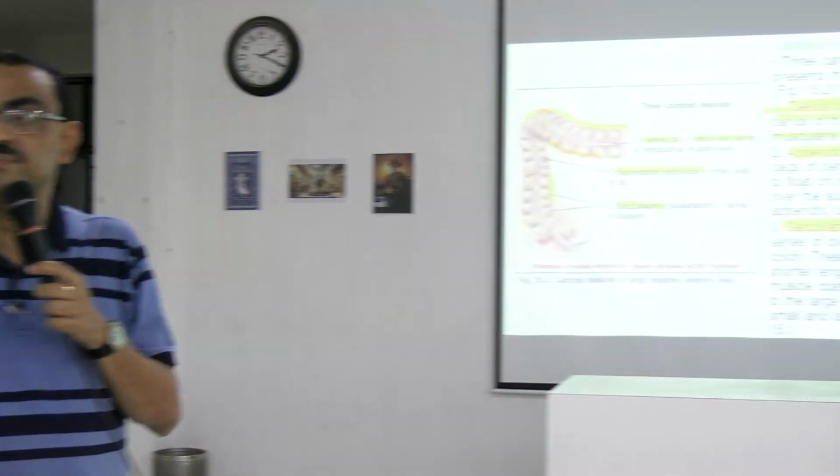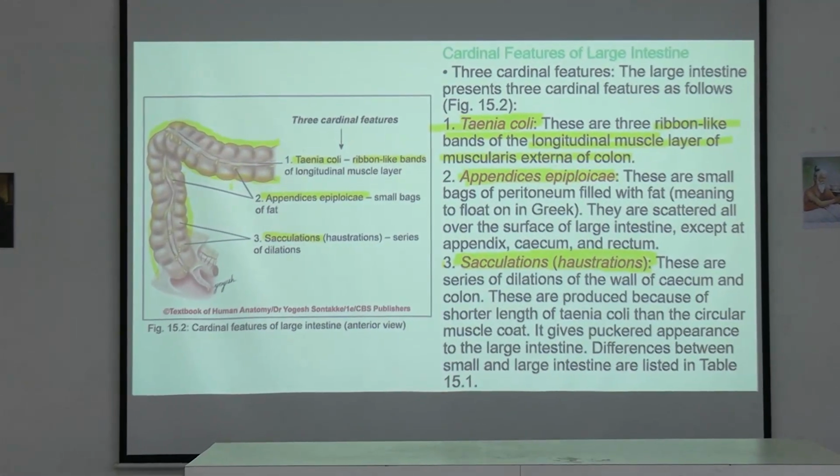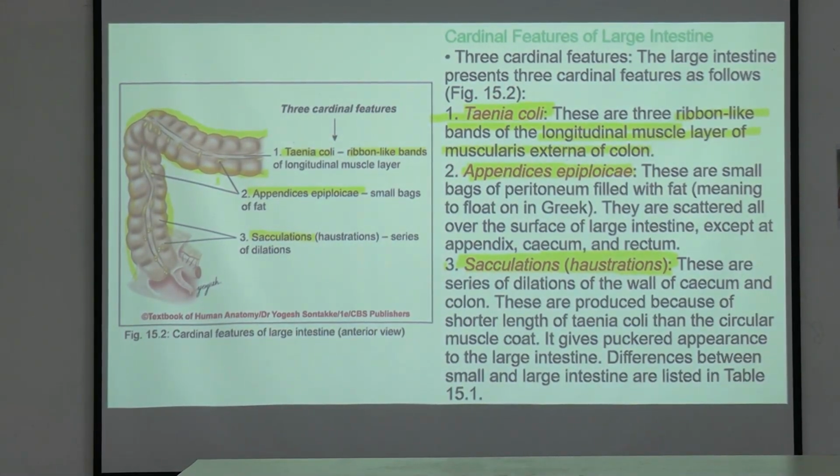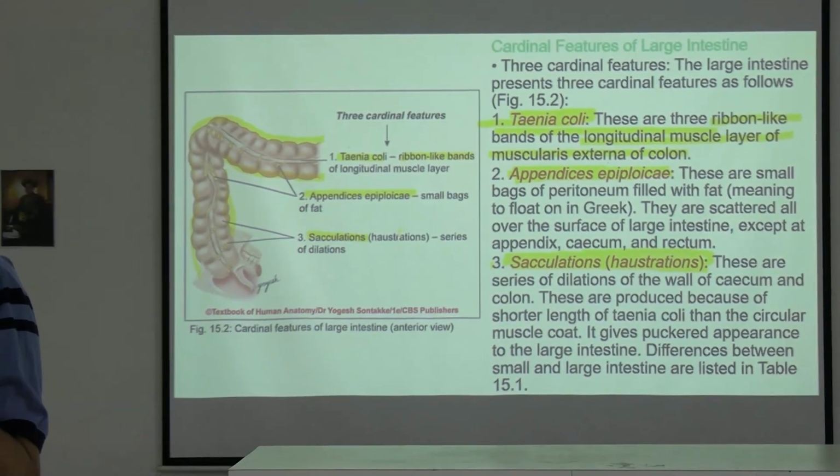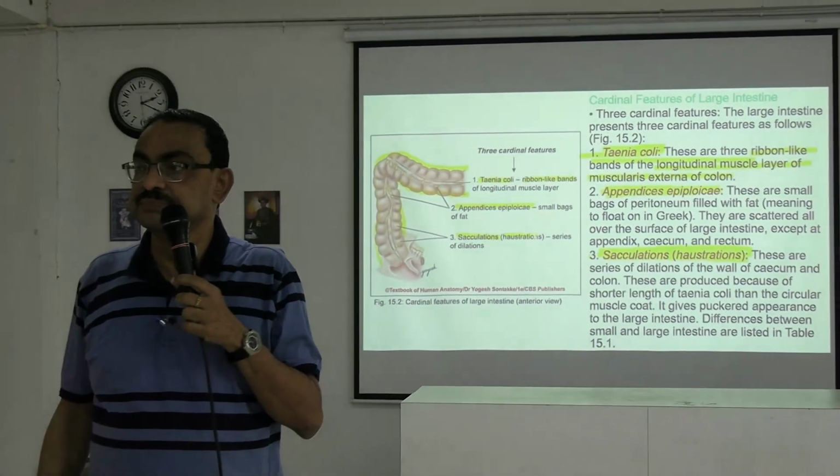Because the length of the tenia coli is shorter than the length of the large gut, the length of the large gut is more than the length of the tenia coli. As a whole, there is formation of several sacculations. So the second cardinal feature is sacculations.